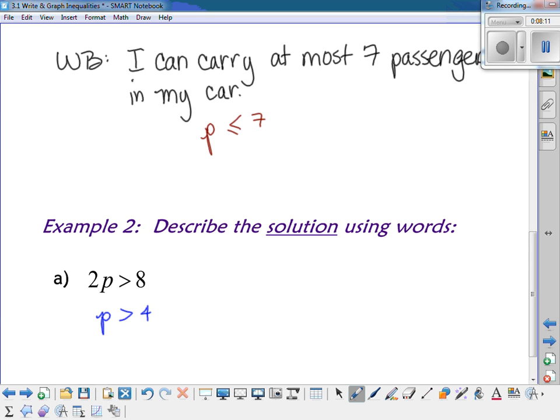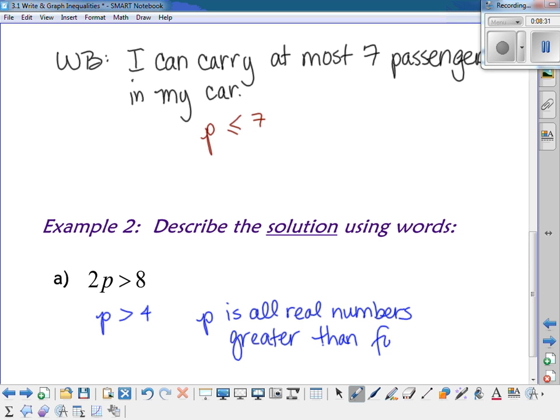To describe the solution using words, that means that P is all real numbers greater than 4.